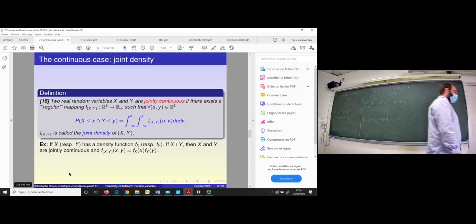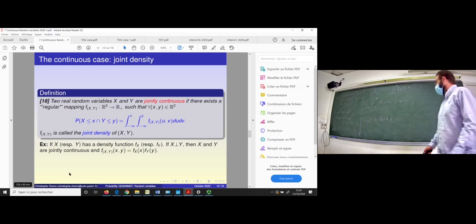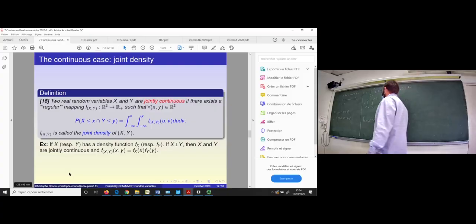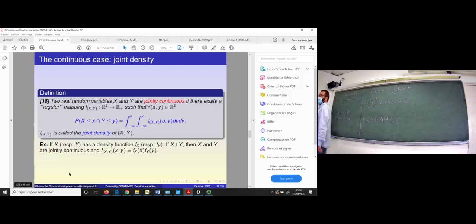But typically, we are here in a very particular situation, the case where they are independent. And most of the time, they won't be independent. That's why, in general, the joint density function won't take this form. In general, it won't be possible to separate the joint density function into a part only depending on u and a part only depending on v.